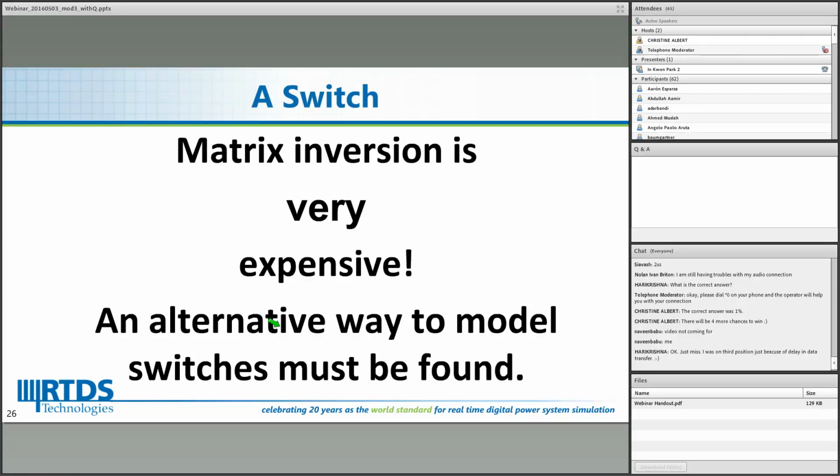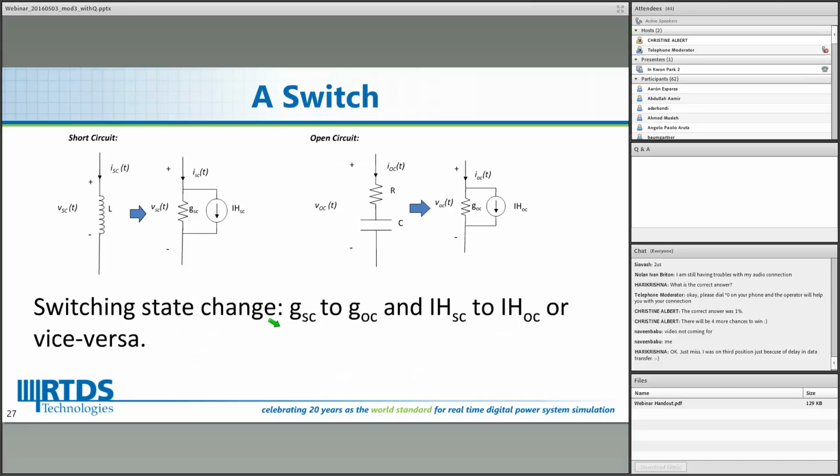So then we need to find a way to reflect the change of state of a switch in our simulations with a minimum amount of extra calculation associated with the switching state change. So in RTDS, the fundamental approach is what people call small L, small c switching.